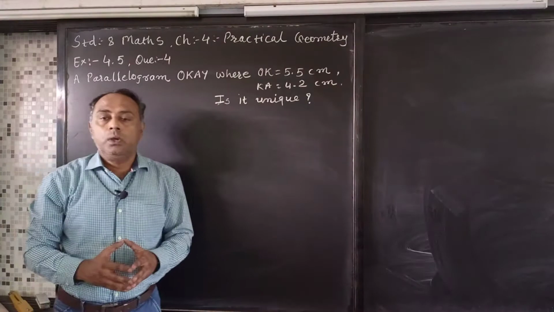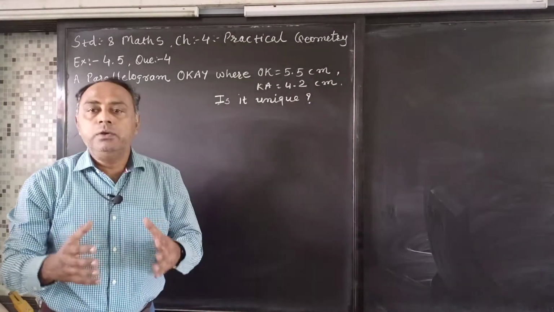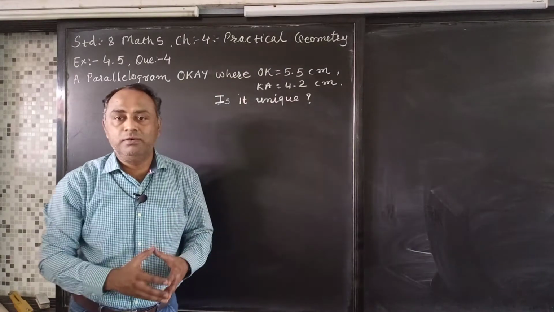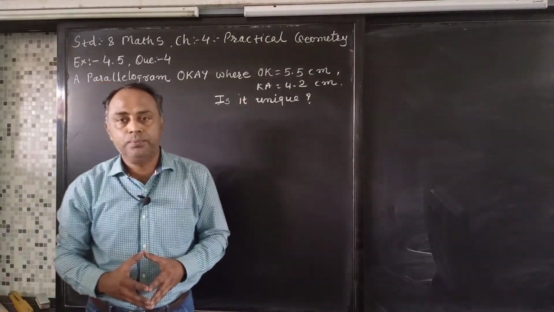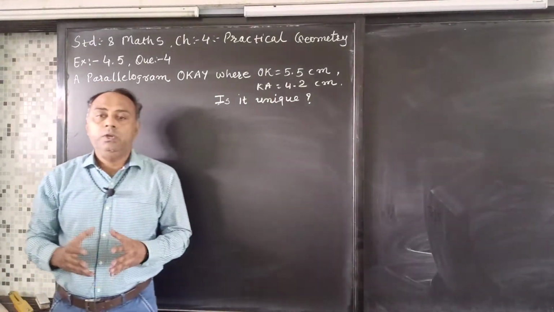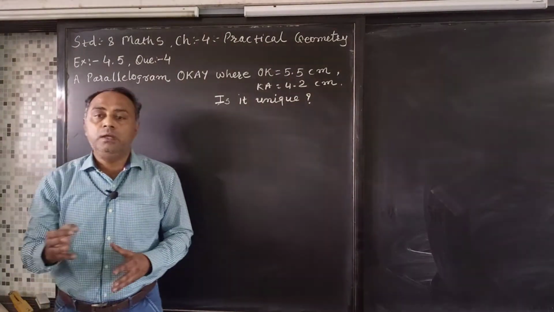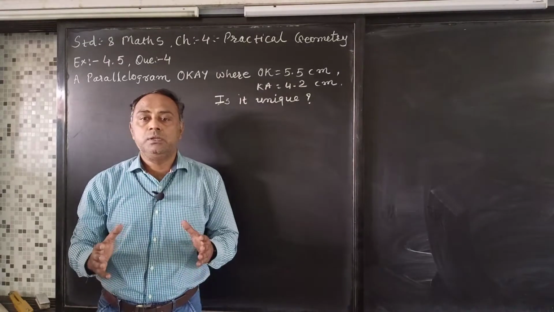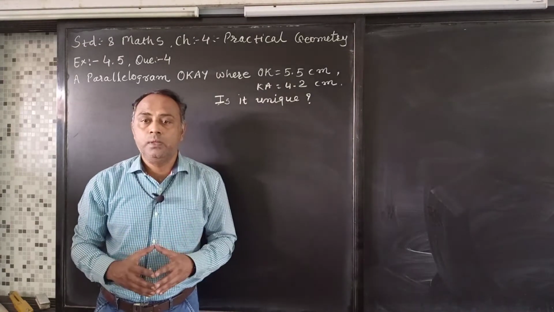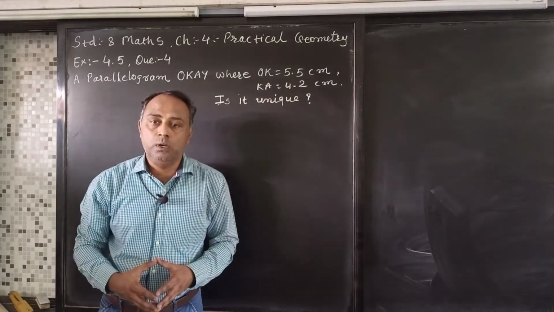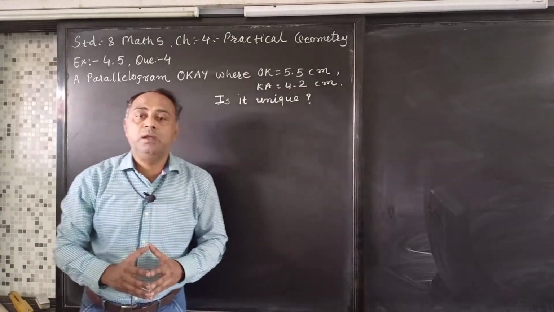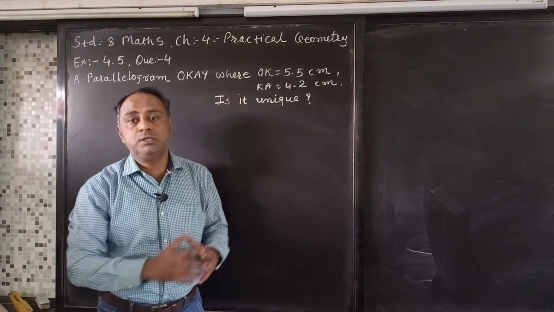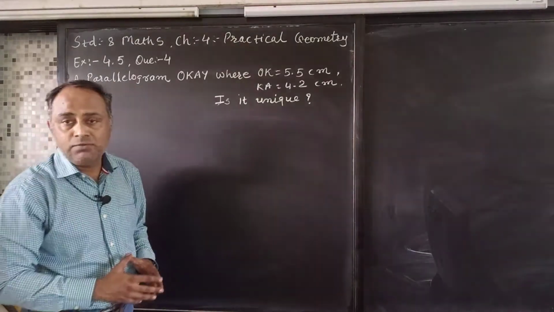How will you define a parallelogram, or how can you say that the given quadrilateral is a parallelogram? For that, friend, we know the basic property: any quadrilateral which can be called a parallelogram has opposite sides parallel as well as equal. So this is the main fact which we are going to use to draw this construction. So let's start, friend.